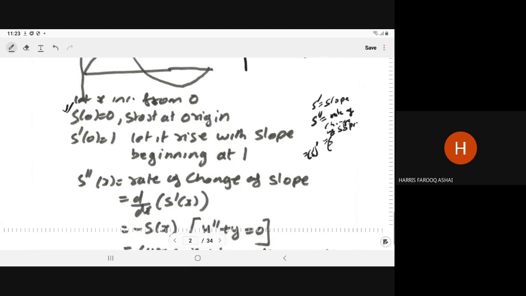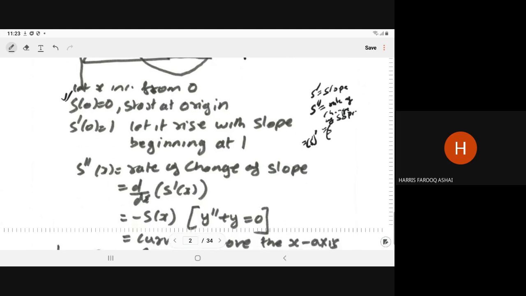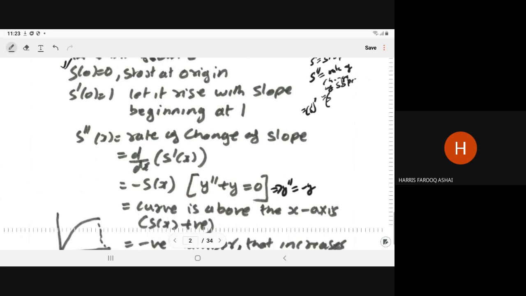But it is equal to minus of sx. Why? Because this can be written as y double dash is equal to minus of y. Means s double dash is equal to minus of s.